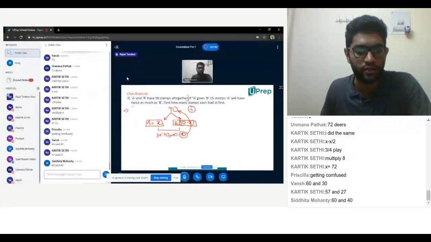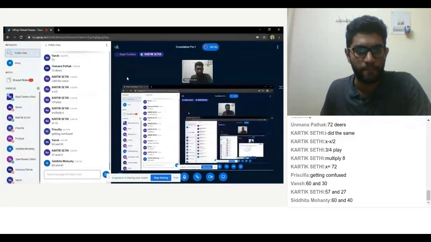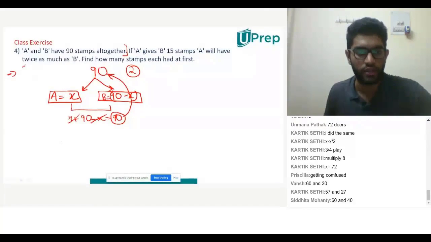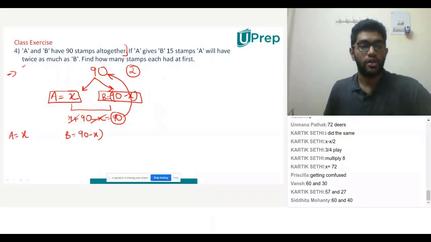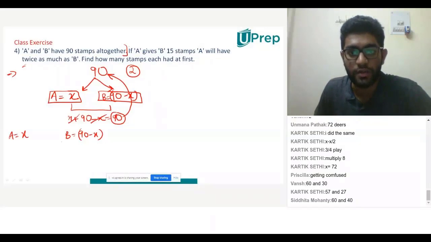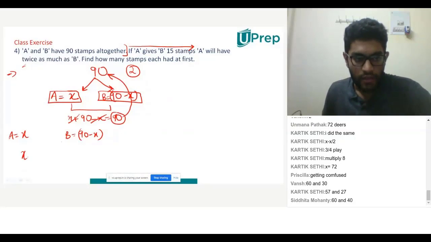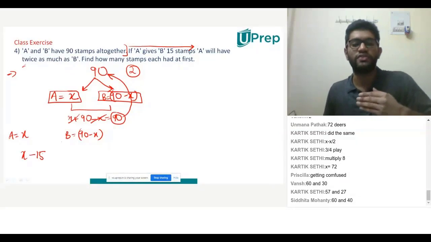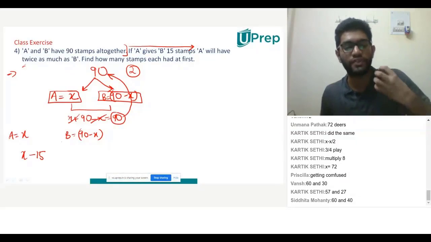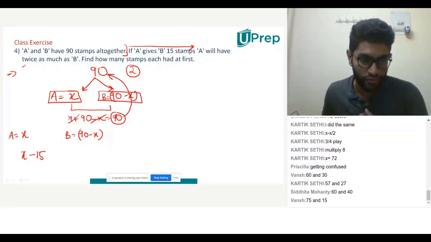Is this clear, guys? Yes, sir. Okay. Now let's look at it. A has X stamps. B has 90 minus X stamps. Now he says, second statement, A gives 15 stamps to B. That means A is giving 15 stamps, so the number of stamps with A is reducing by 15.